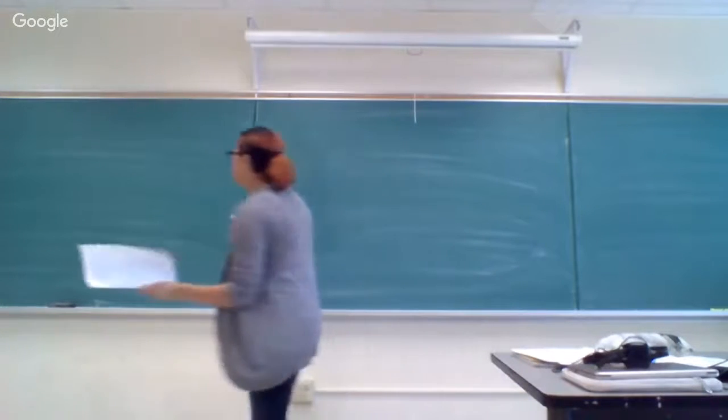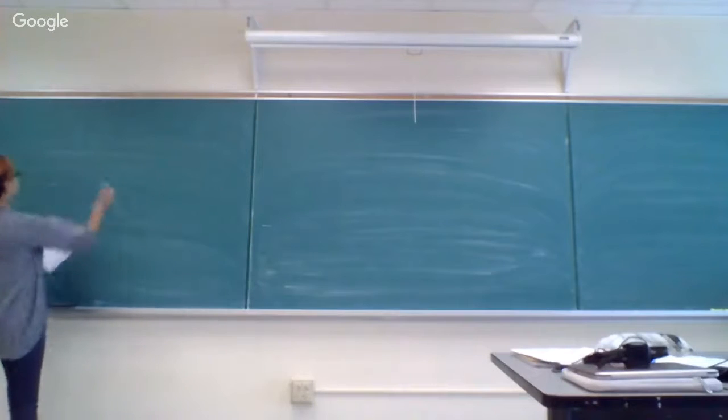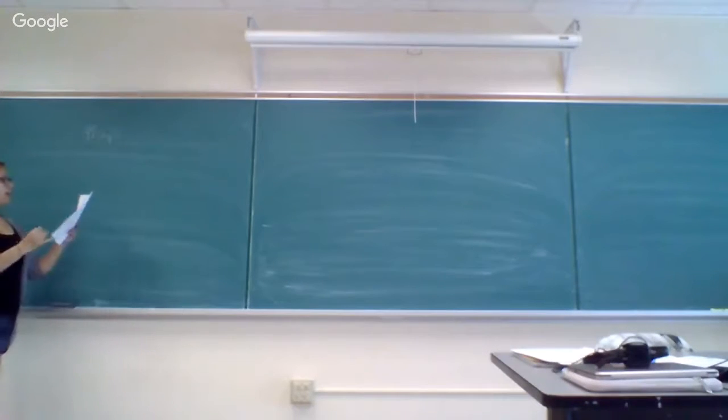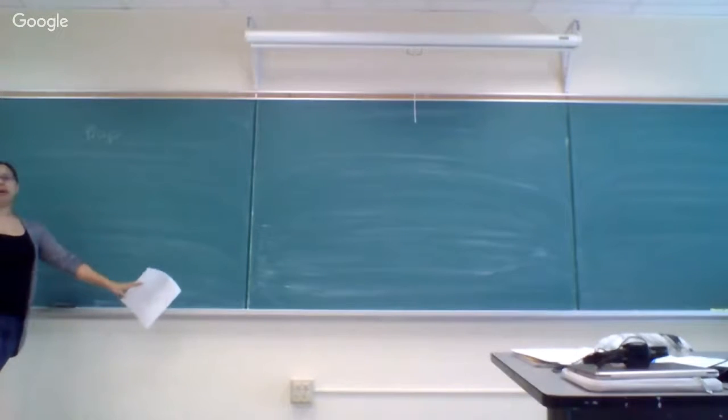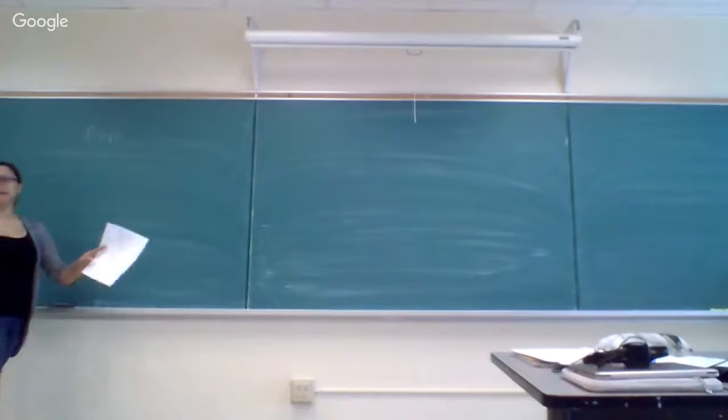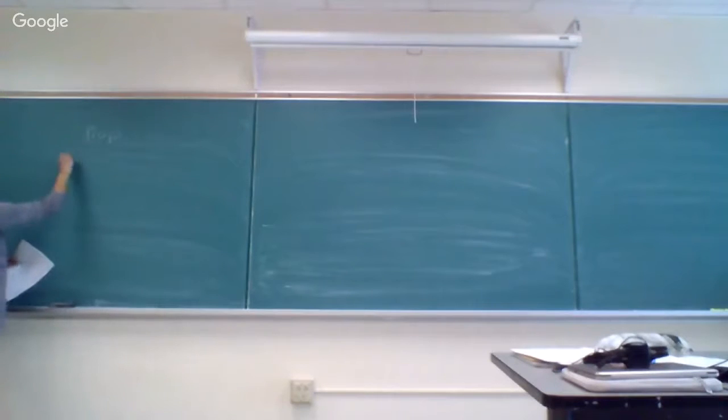So first we did proportions, right? And with every single hypothesis test, we always have a null and an alternative. We know this. Our null is H0, and our alternative is HA.